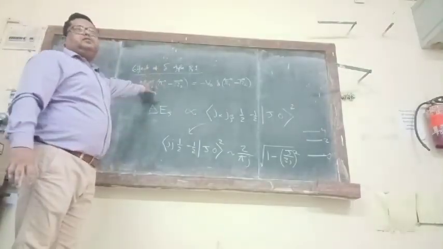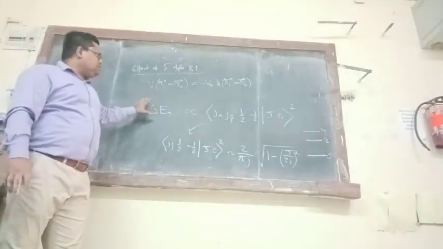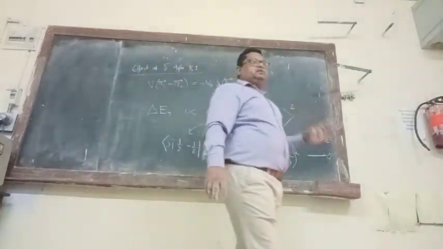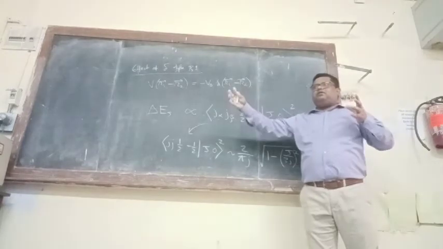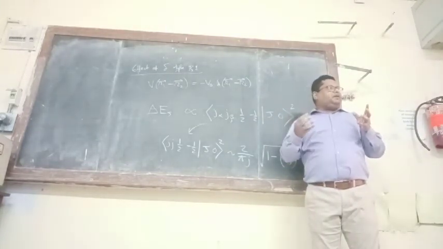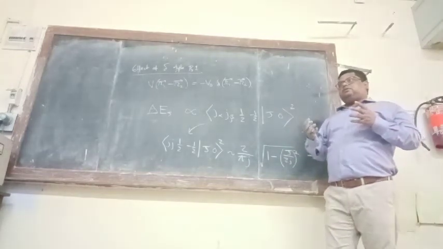As a result of this, you can show using basic calculations that there will be a shift in the total energy. And the shift will be proportional to a large number of factors. There will be R dependent factors, and if you take a harmonic oscillator basis, those things will be there.